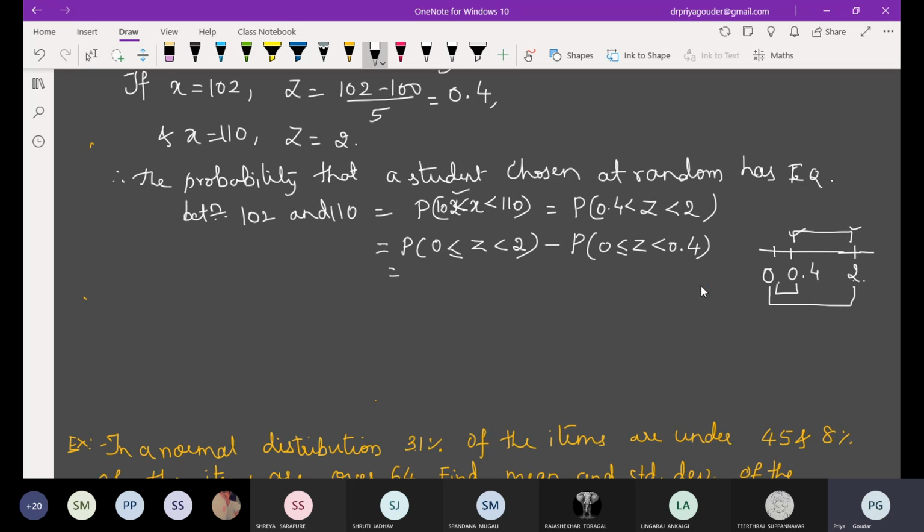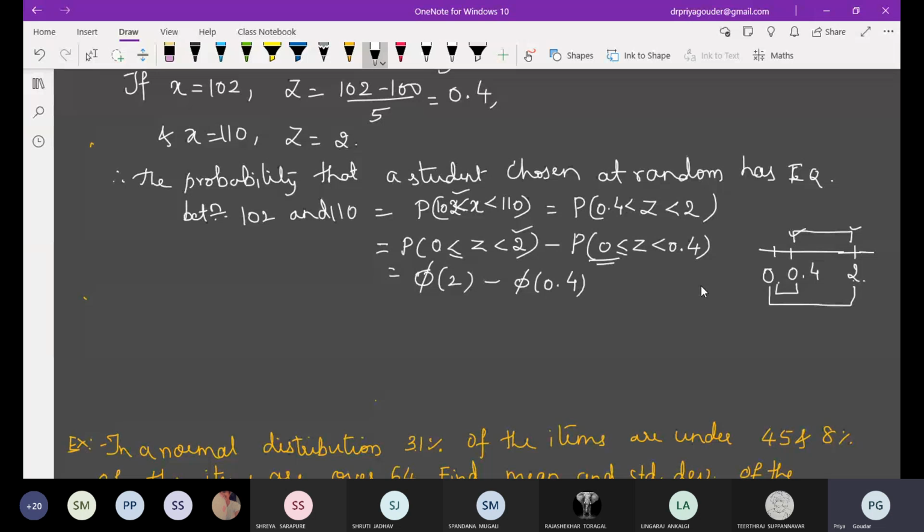With reference to 0, whatever is given, write it as phi of the next value. If 0 is the reference, you should write it as phi of 2. Here also we have 0 as the reference. So how to write this in terms of phi? Phi of 2 minus phi of 0.4.